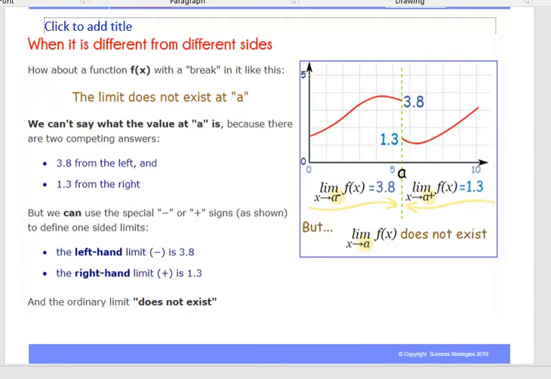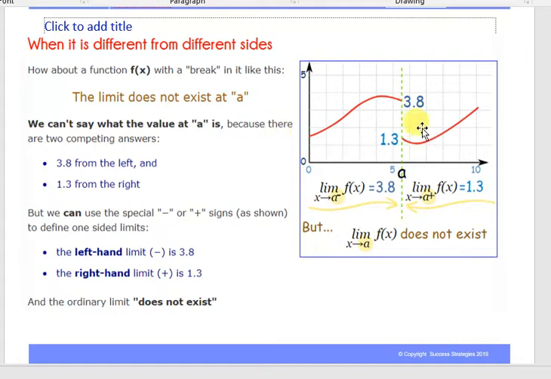In the previous example, we saw that even from the other side, we are getting the same answer. On both sides, it was approaching 2. But what will happen if the answer does not match from both sides? In that case, we simply say that the limit does not exist at a.